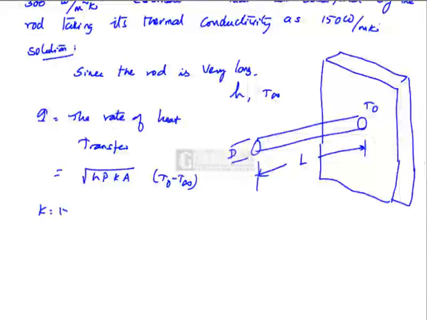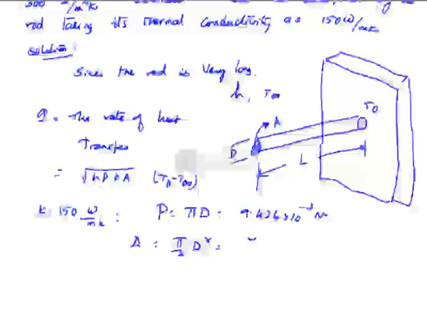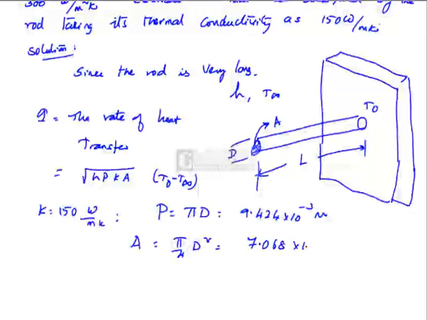Here K is 150 watts per meter Kelvin. Perimeter is pi d, that is 9.424 into 10 power minus 3 meter. And A is the cross sectional area, the profile area, A is pi by 4 d square, that is 7.068 into 10 power minus 6 meter square. Base temperature is 140 Celsius. Fluid temperature is 15 degrees Celsius.